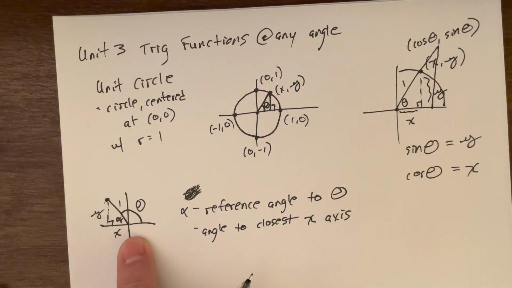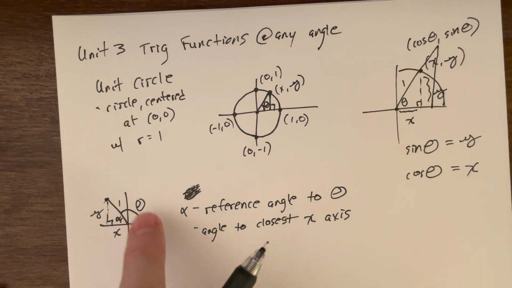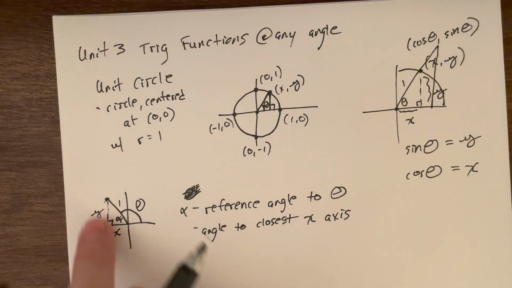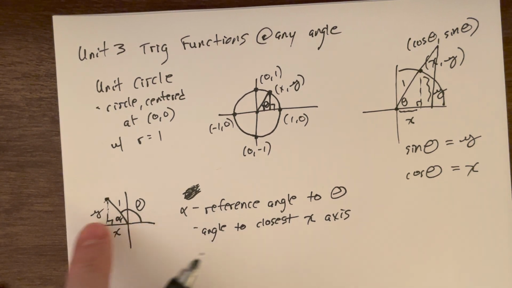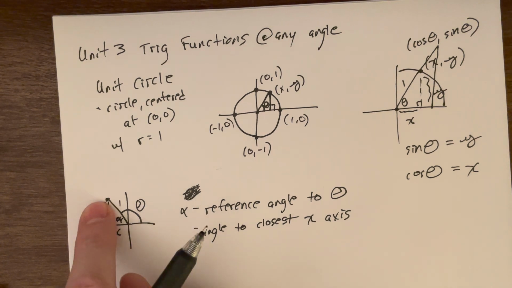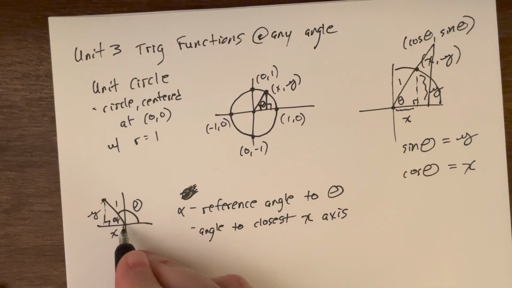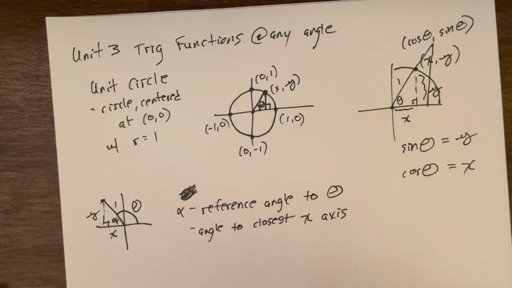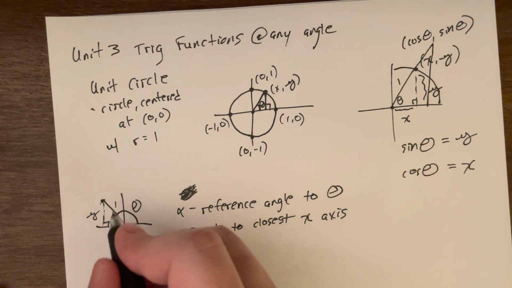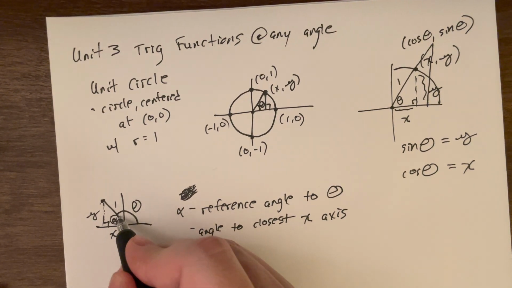So now when we start thinking about sine and cosine of theta, we still get the same xy results. It's just in this case, now that we're in the second quadrant, x is negative. We went left from the origin instead of right, therefore we're getting a negative value for x. Y is still positive.